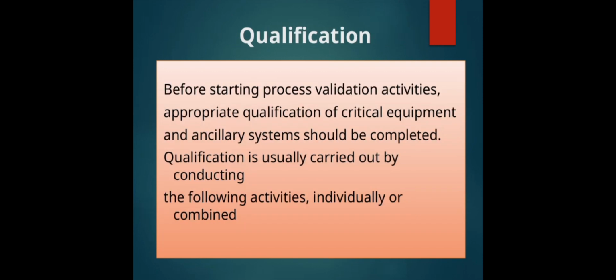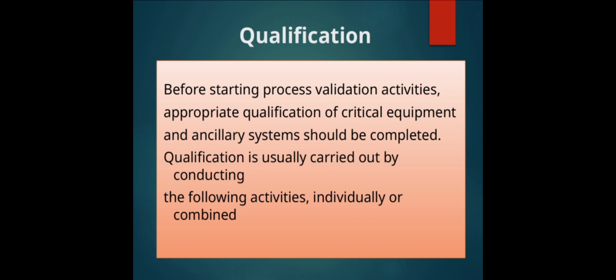Before we begin any process validation activities, it's crucial to ensure that the critical equipment and ancillary systems are properly qualified. This step helps us verify that all equipment performs consistently and reliably within specified parameters. Qualification is typically carried out through a series of activities, which can be done either separately or combined, depending on the situation.